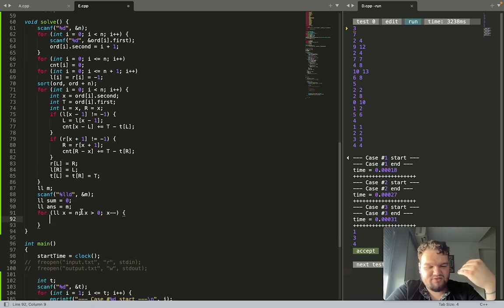Now we are iterating over segments in the order of decreasing length, and for segments of this length x we have cnt x of them. So we are looking at how much of them do we actually need. That's m minus sum divided by x but rounded up.